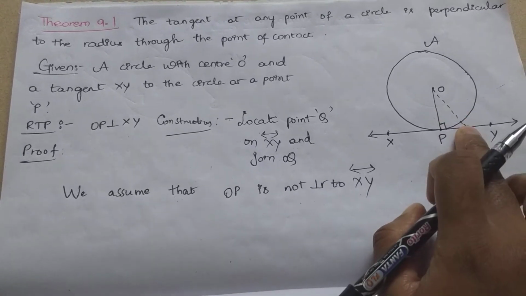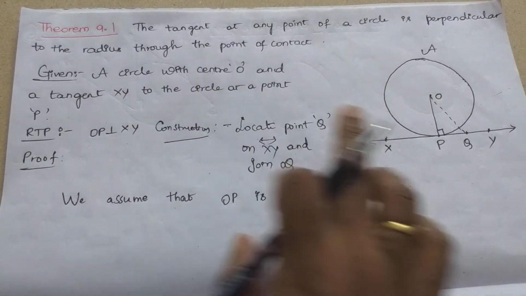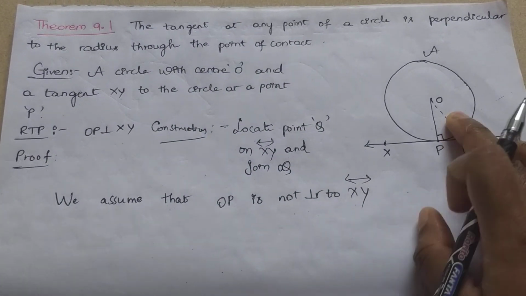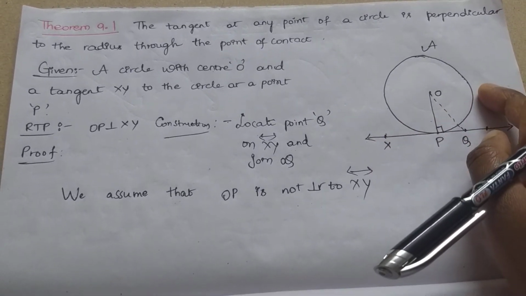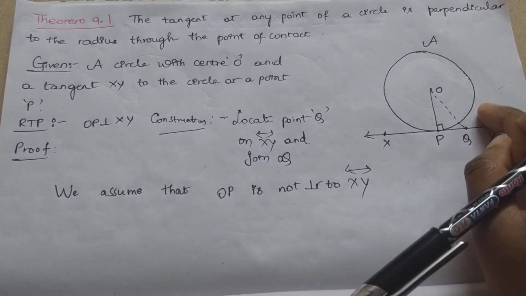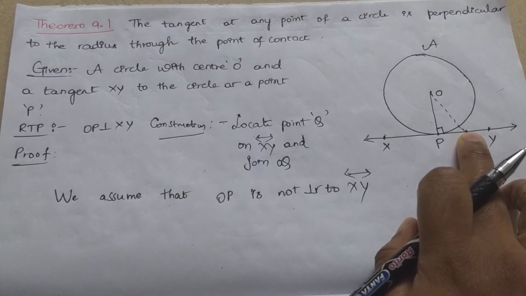Instead of inside, we have to take outside because the condition that it is a tangent has to be satisfied. Clear? If we take inside, when we join that point, it becomes a secant. So it does not become a tangent. That's why I have plotted the point outside the circle.